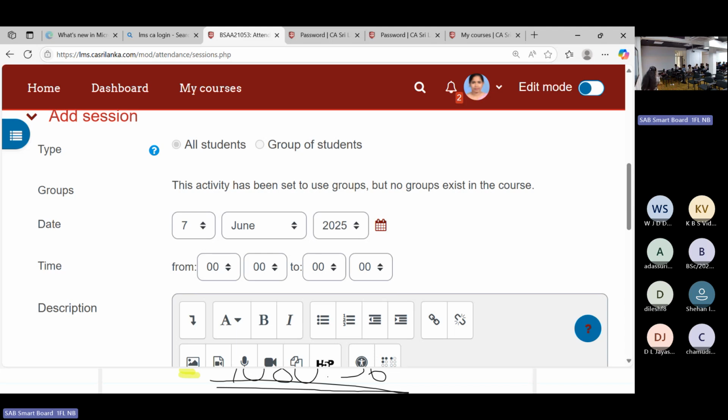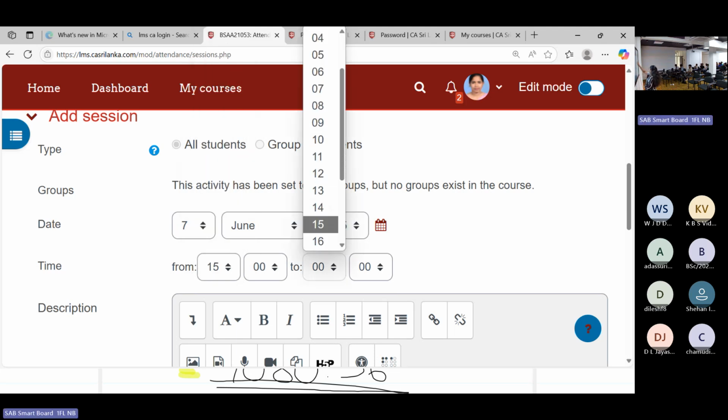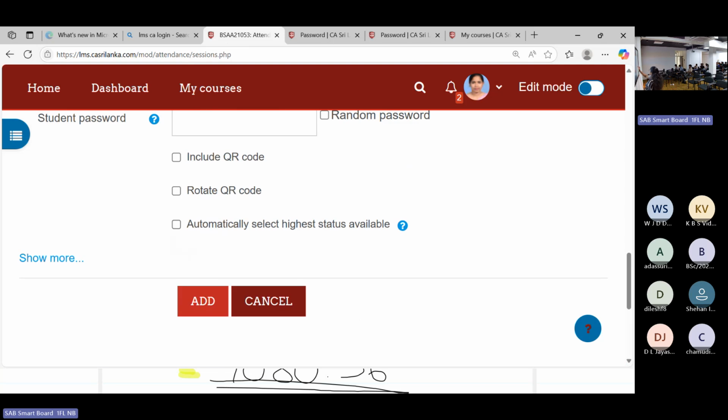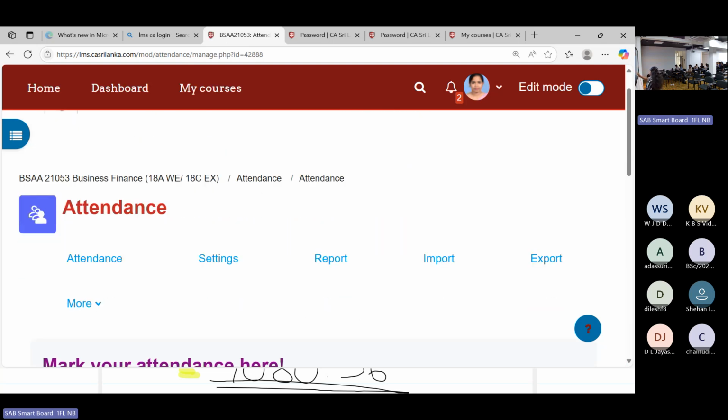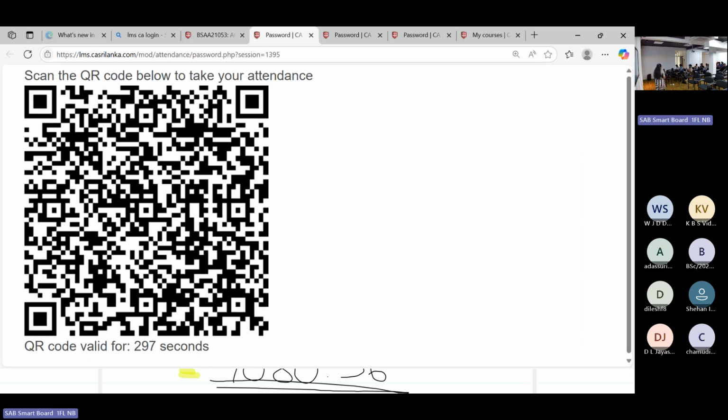If you want to break, you can go. Scan the QR. Now it should be okay.